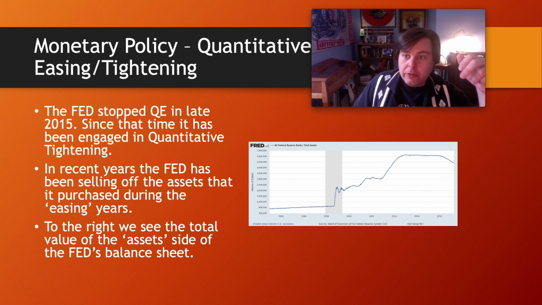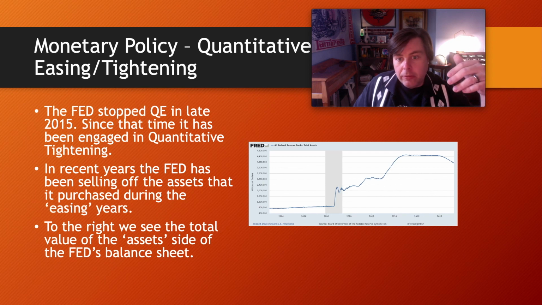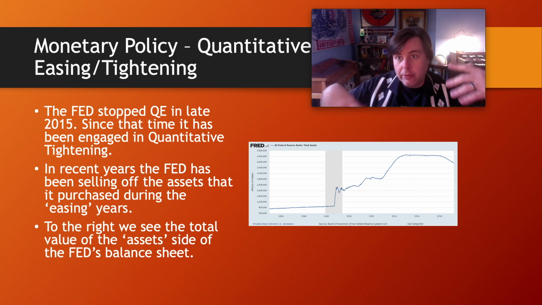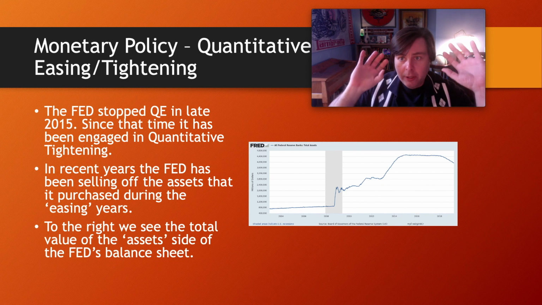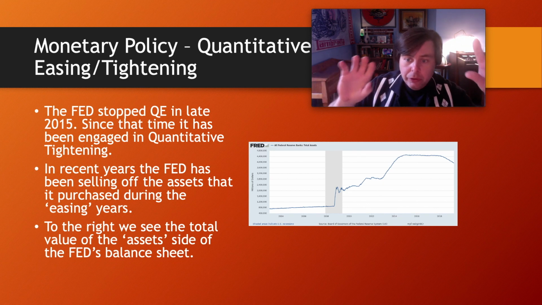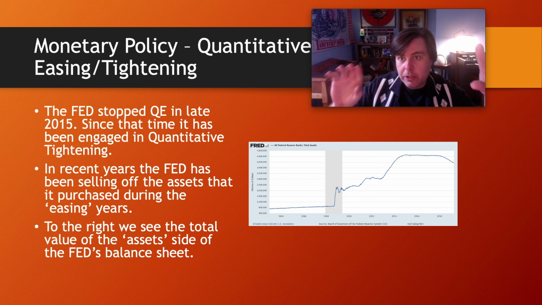Okay, quickly on this slide here, this is the Fed's balance sheet, total assets. You can see that in 2009, there was the beginning of a huge explosion in assets. This is the Fed buying up all kinds of assets from the financial system and providing liquidity. You'll notice that starting in 2015, it starts going down slightly, and then starting in 2018, it starts declining rapidly.